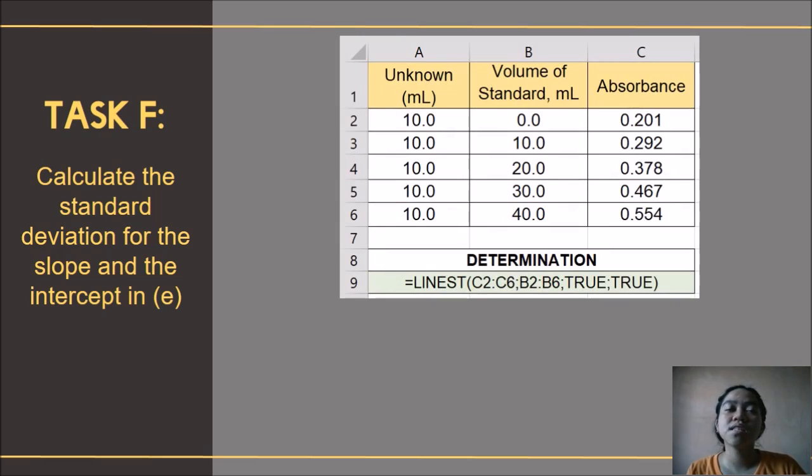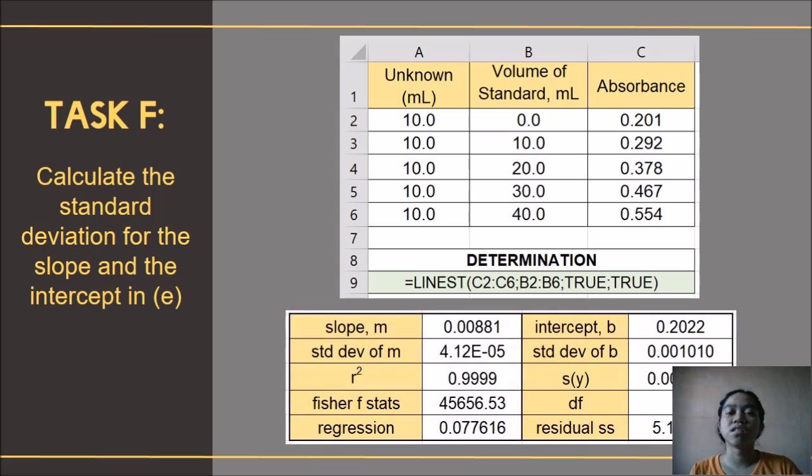I plotted the given data that we have earlier in the problem, and to determine that value we need this formula, which is LINEST. And this will now give us this. It will automatically give these values.